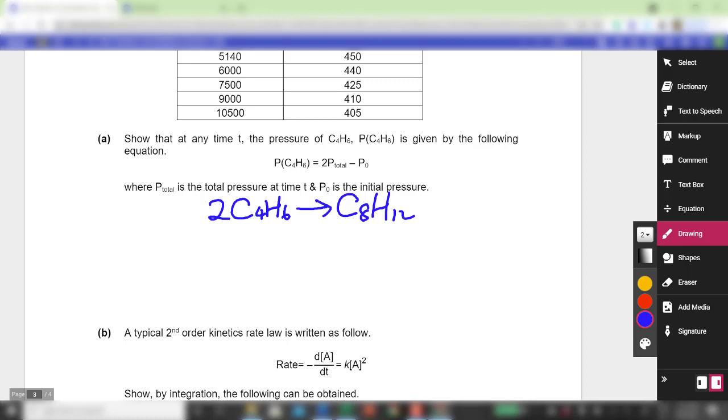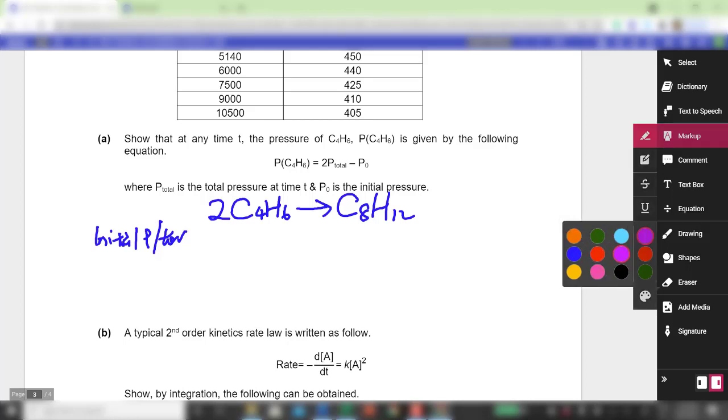In this case, the first thing I need to do is write down the initial partial pressure, of course in torr. Since the question already gave me a P naught here, I might as well leverage on it.